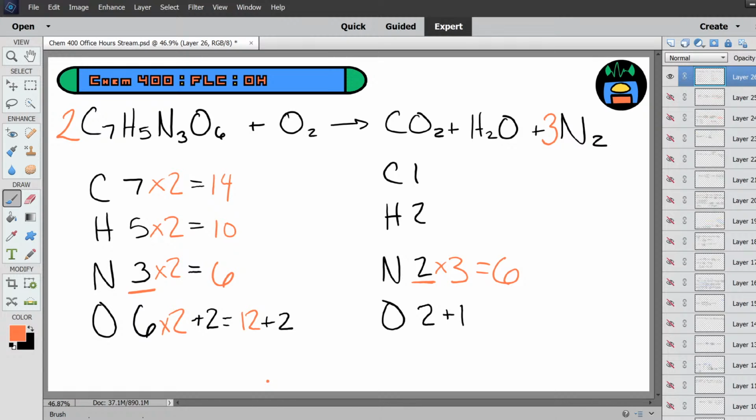All right, so now we've got nitrogen balanced, oxygen's looking funky. I'm going to save that to the end. I'm going to do carbon next. I'm going to multiply CO2 by 14. This will balance carbon and change oxygen, because now we have 2 times 14 plus 1, so 28 plus 1. Next, I'm going to do hydrogen.